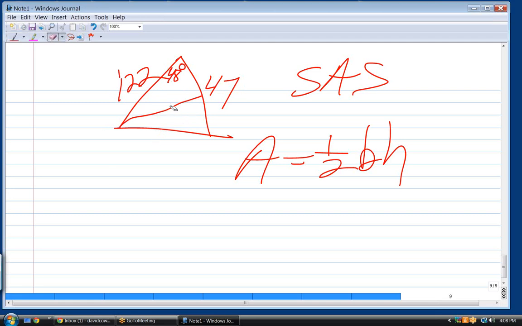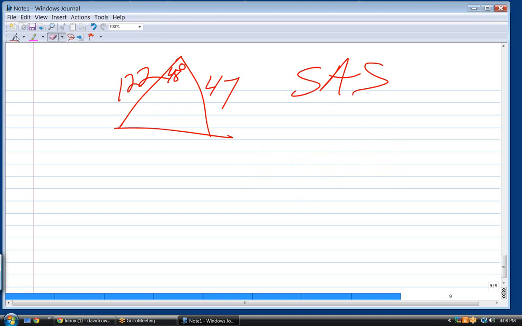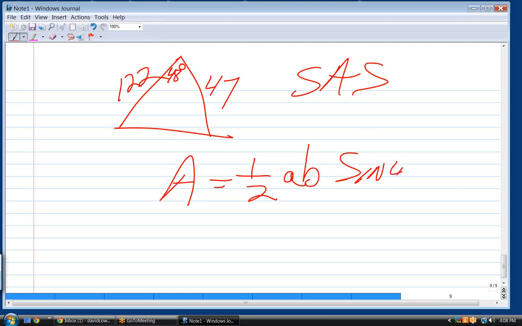I don't have either of those distances. But there's a formula specifically when you have side angle side where the area equals 1/2, not the base times the height, but the two sides that you have, times the sine of the angle in between them.